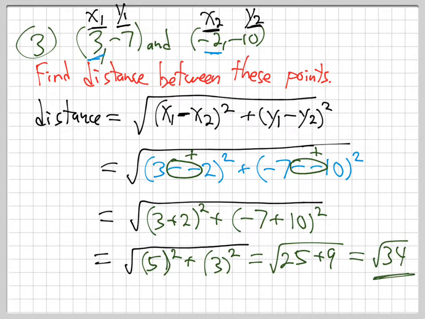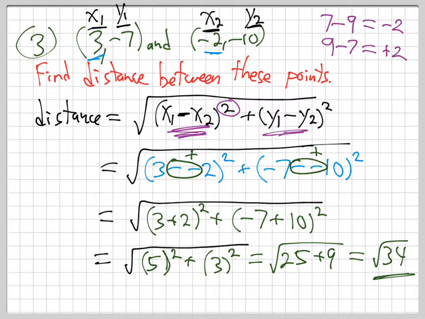I have a question. Yeah. The order actually doesn't matter on these, and here's how you can know. It's just two things subtracted, right? So does the order of subtraction matter? Like if I go 7 minus 9, is that any different than 9 minus 7? Well, yeah, it is. This is minus 2 and this is plus 2. Then why am I saying it doesn't matter? Because it's squared. If you take this and you square them both, then in the end they're both just going to be positive 4.